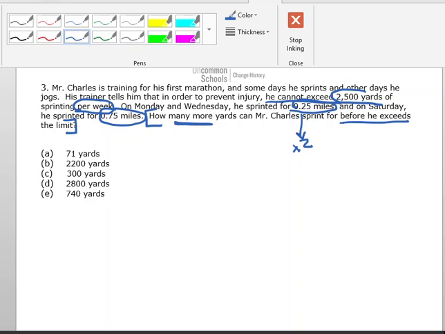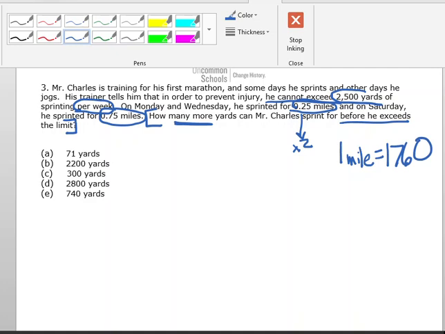1 mile equals 1,760 yards. Okay, and so the first thing I want to do is add how much he sprinted. So how much did he sprint?